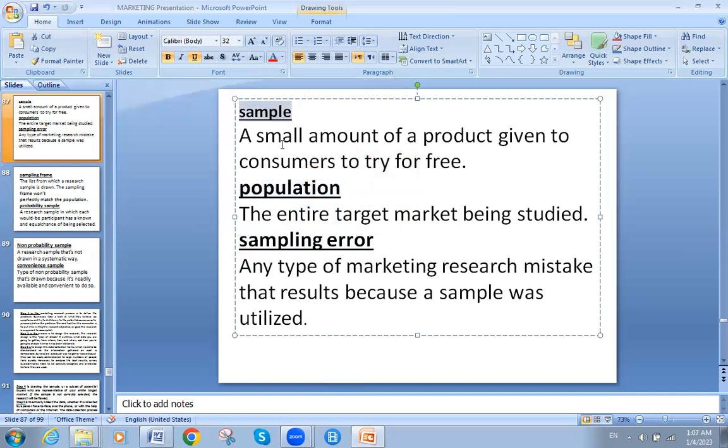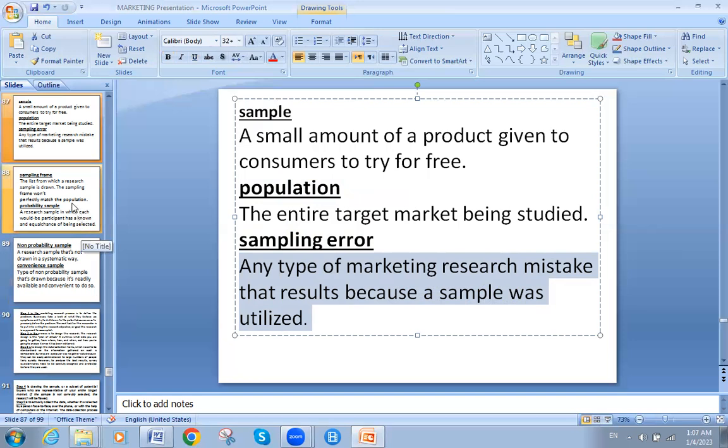In other words, the sample does not represent the population 100%. It is any type of marketing research mistake that results because a sample was used. So this we call the sampling problem.